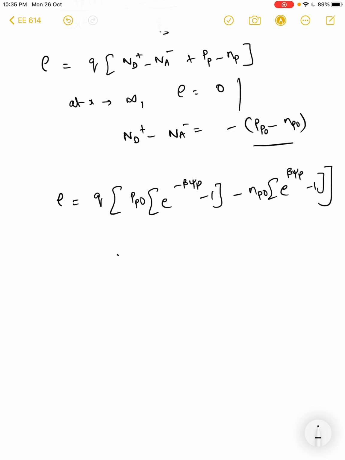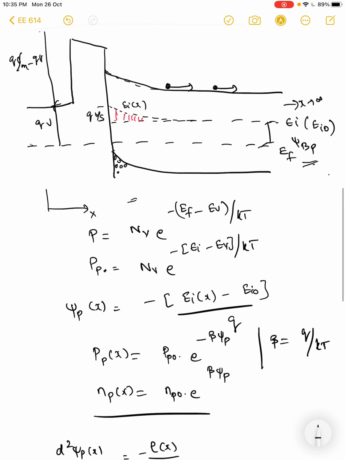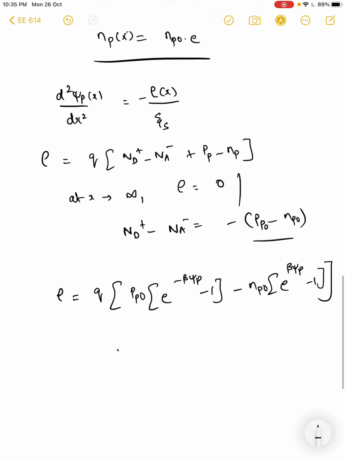So basically what this tells us is the change in the hole and electron carrier density over and above the ideal carrier densities, right? The ideal carrier densities are the electron and hole densities very far away from the interface, and so your actual excess charge density, the charge density which causes the field and the potential at the interface, is caused by changes in the majority and minority concentrations away from the intrinsic numbers, right?